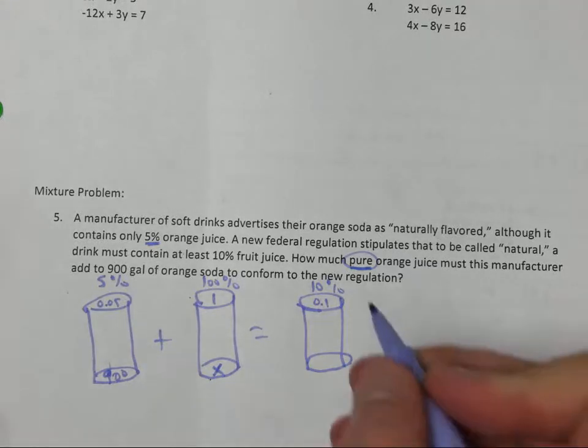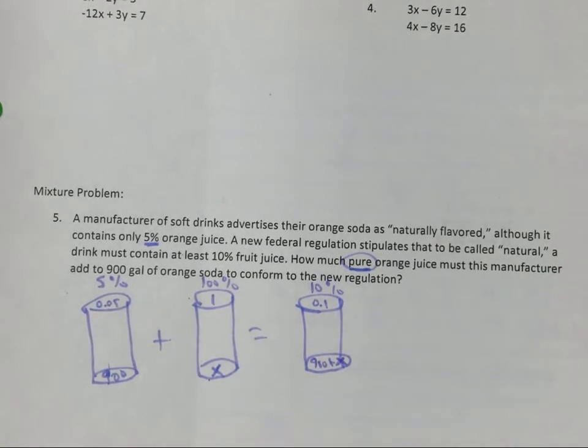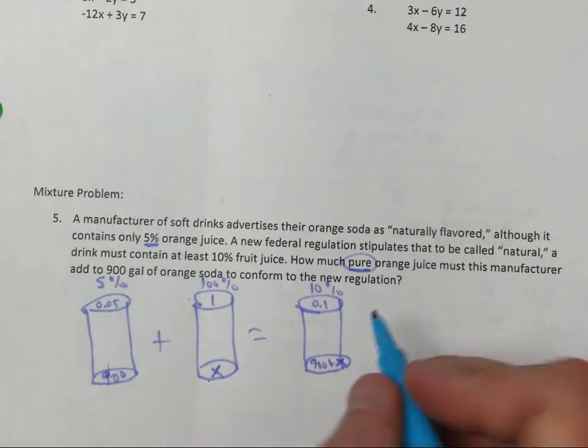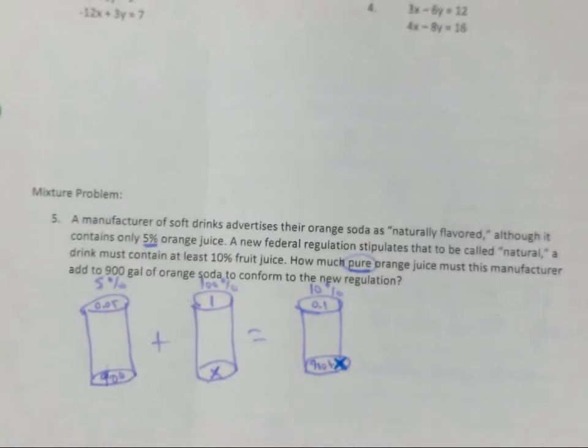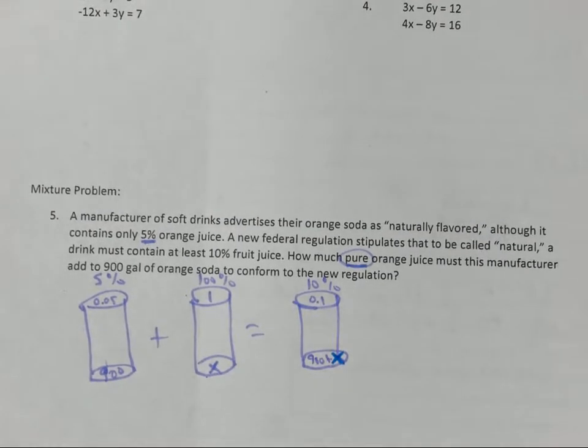I'm hoping you would put 900 plus x. Because if I have this 900, I don't know this, I can just write it as 900 plus x.